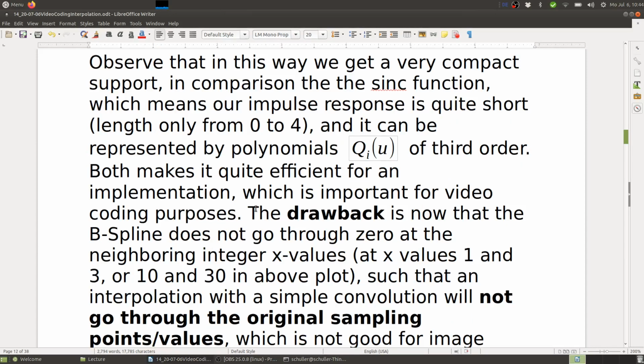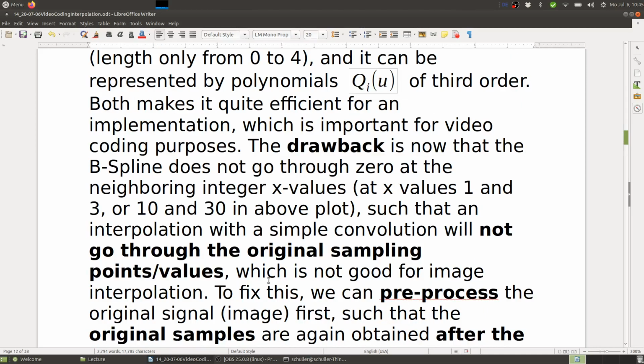So the drawback is that the B-spline does not go through 0 at the neighboring integer x values, at x values 1 and 3, or 10 and 30 in the above plot, such that an interpolation with a simple convolution will not go through the original sampling points or values, which is not good for image interpolation.